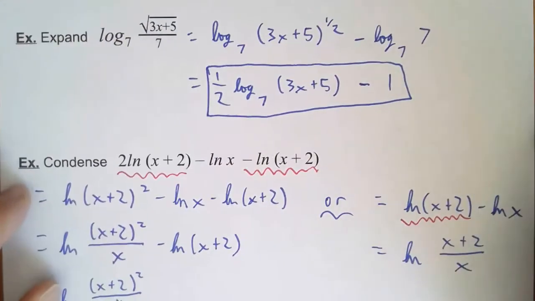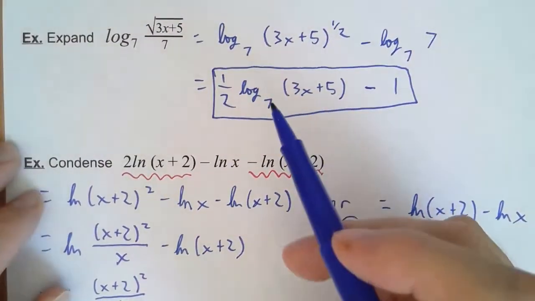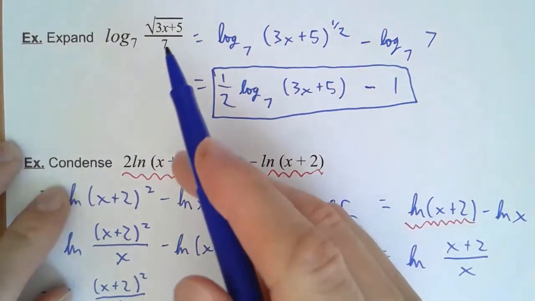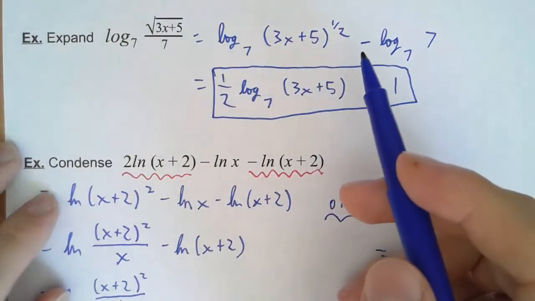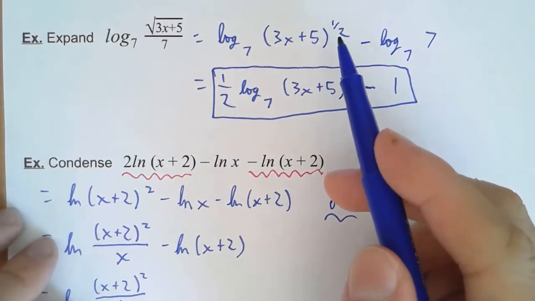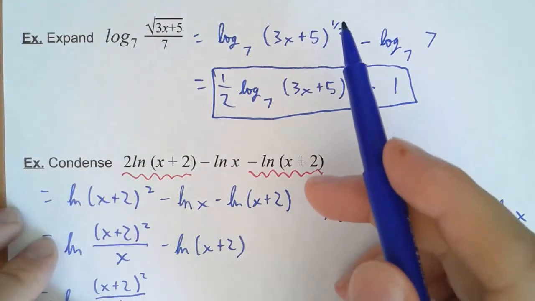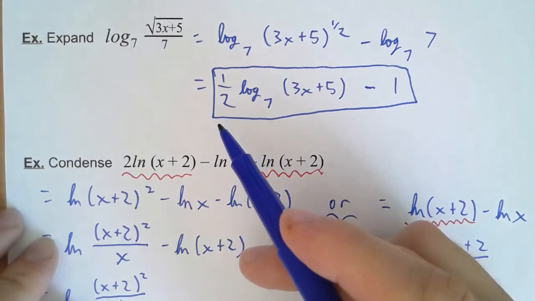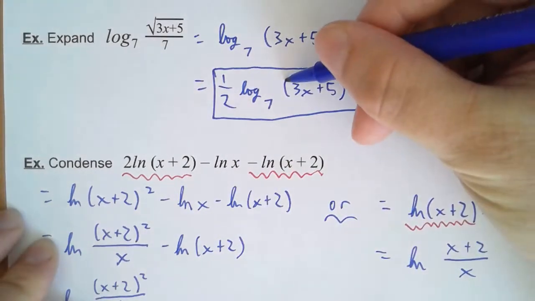All right. So here is the answer for the first one. So here we change that division into subtraction, and then a square root is a 1/2 power. And so we write that as a 1/2 power, and then that exponent can come down out front. Make sure you have these parentheses here.